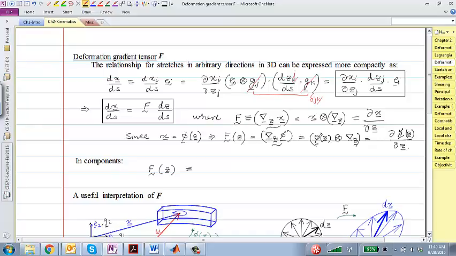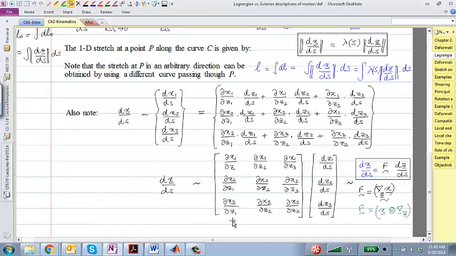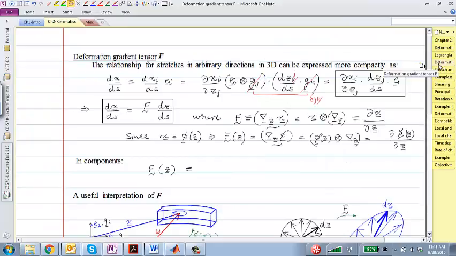So lots of different people write this tensor F in lots of different ways, but essentially you should understand that it's the same thing. What we are doing is taking the components of partial derivatives of xi with respect to zj, with the tensor basis ei dyad gj. Essentially, it is the components of this matrix, partial xi with partial zj. And since I'm writing it in components, I'll write that again here: partial xi, partial zj, ei dyad gj.